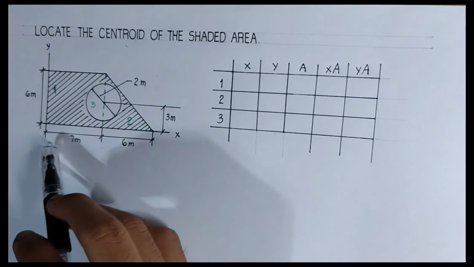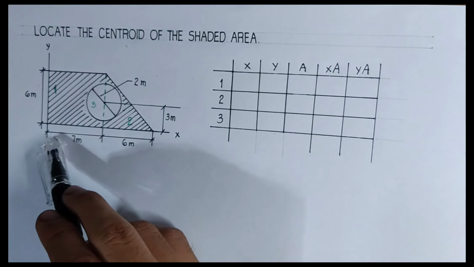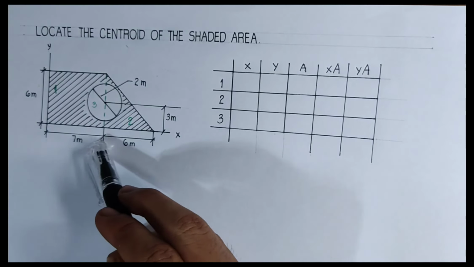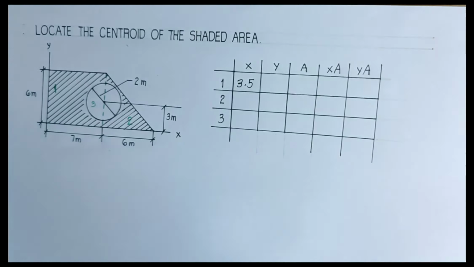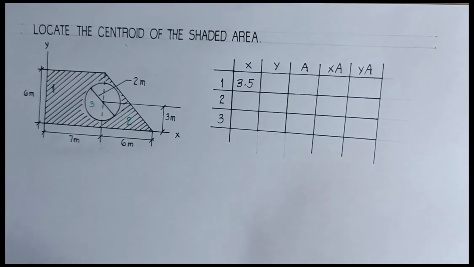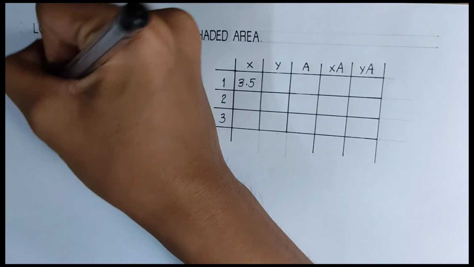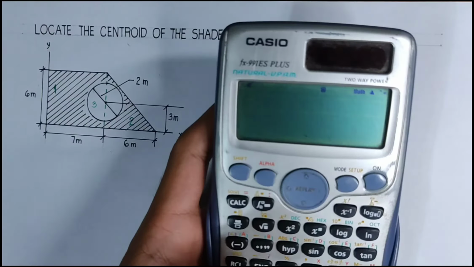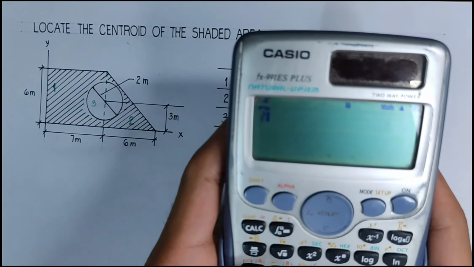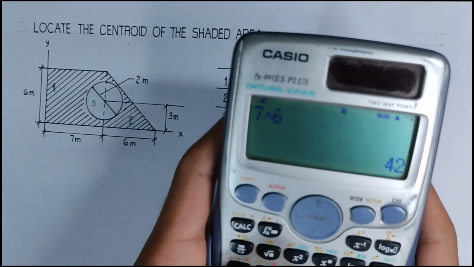For shape number 1, the x-bar of the rectangle is half of 7, which is 3.5. And its y is half of 6, which is 3. The area is 7 times 6, which is 42.